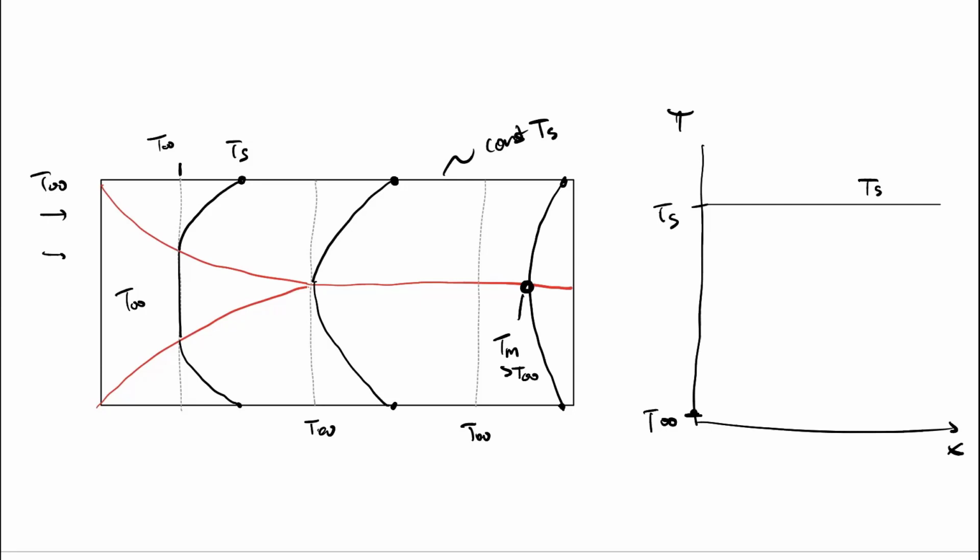What would my mean temperature, that's like the integral of the temperature over all positions, what's my mean temperature going to look like? Well, it'd start off at T infinity, and it would just sort of converge like this. So eventually, as we go far enough, that mean temperature is going to approach Ts.